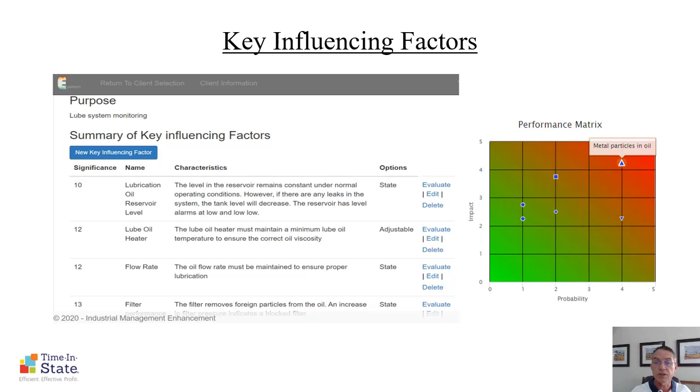On the right-hand side, you see a heat map. Now, that heat map, we evaluate and assign values after completing the capturing of all the key influencing factors. And here the team agrees in terms of the impact and probability of each of these events impacting the process and performance. Note, at this point in time, we have not evaluated data at all.